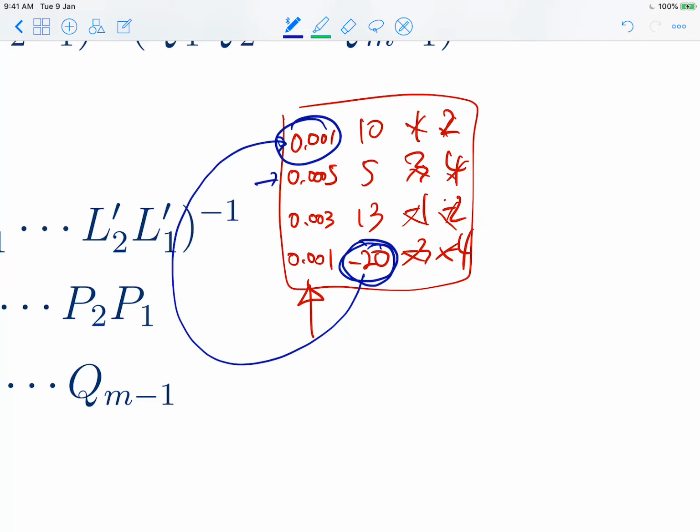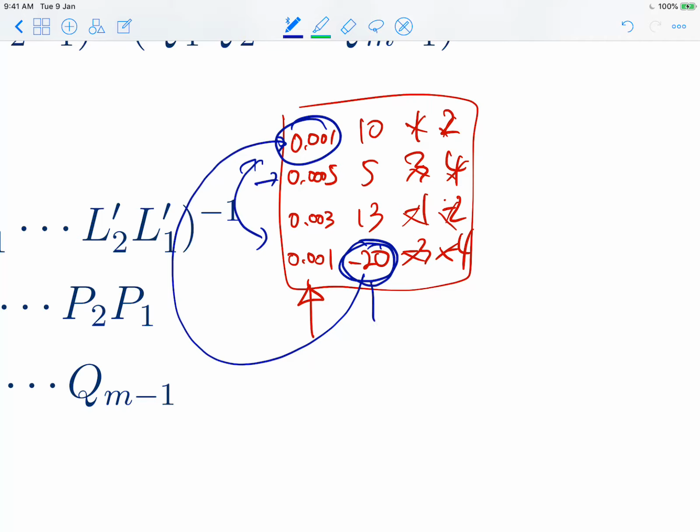And how do we perform this process? In the case of partial pivoting, we just considered row interchanges, but in order to perform this process, we can also consider column interchanges as well.